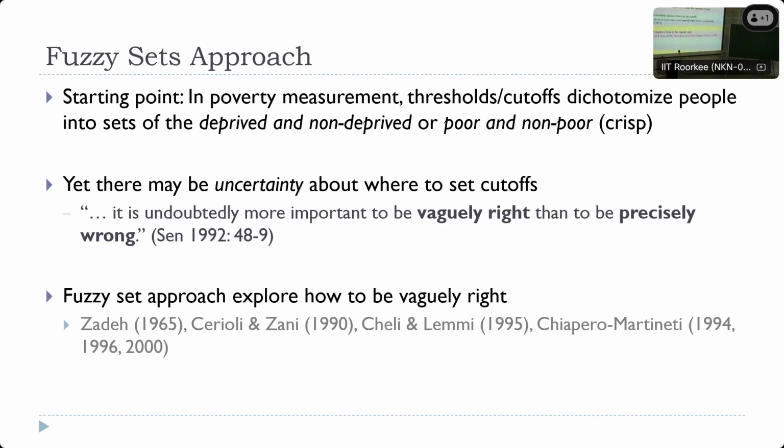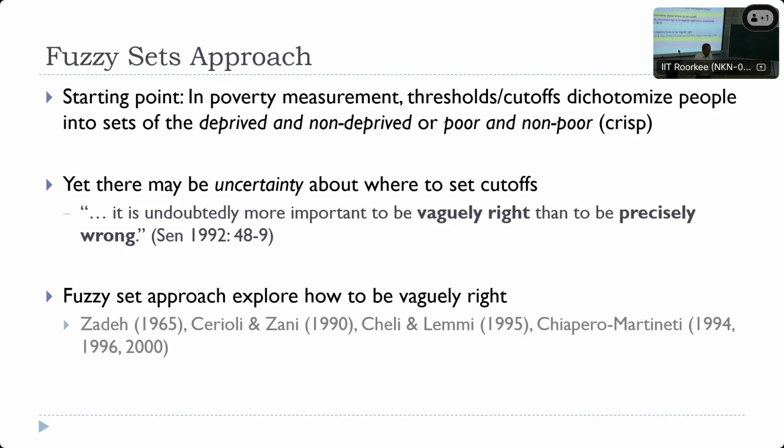So instead of choosing one wrong poverty cutoff, why don't we try to be vaguely right? That means instead of proposing $1, why don't we say that a poverty threshold can range from 0.75 to 1.25? So rather than being precisely wrong, let's be vaguely right. That is where this starts from.